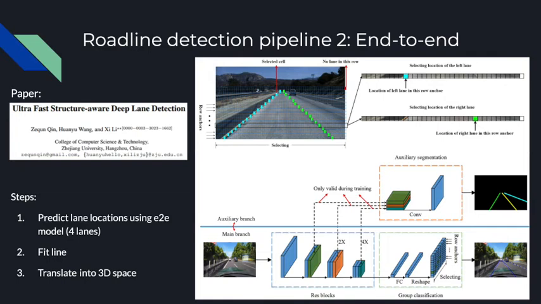So we're going row by row and predicting in which column of this coarse grid the lane should be in. And then there's also the option for no lane being in the row. And so this is a lot faster than semantic segmentation, and basically it allows you to predict all these lanes end to end.